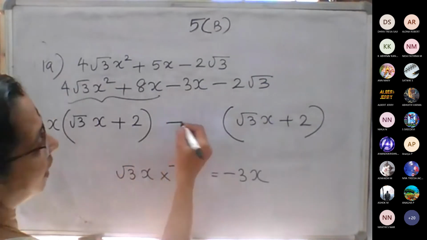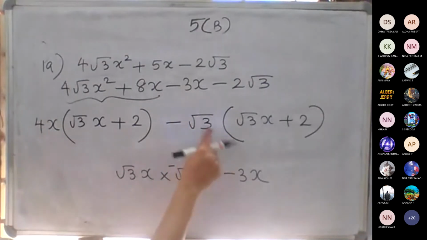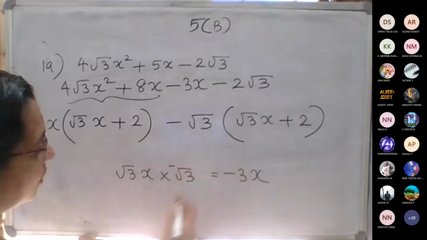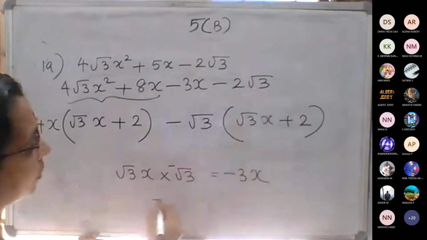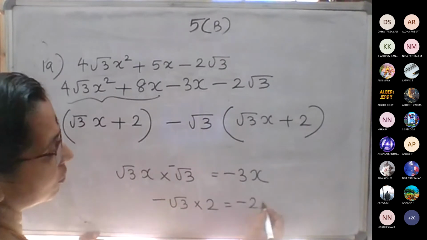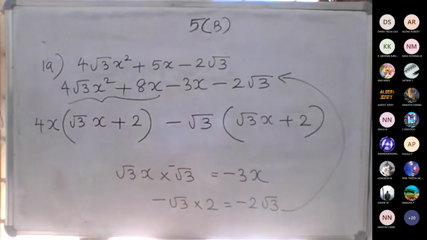So if we write negative root 3, it will become negative 3x. Then negative root 3 into 2 is negative 2 root 3. Automatically it will come.